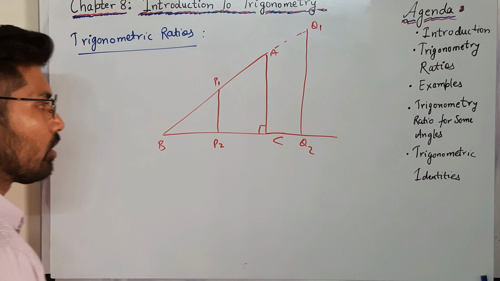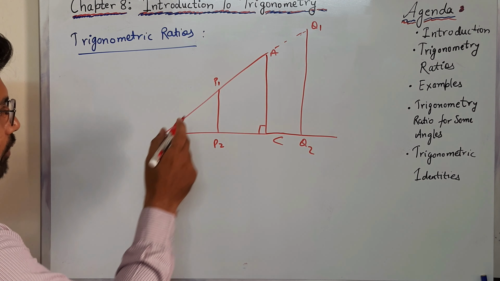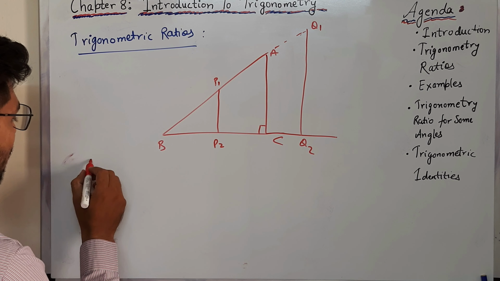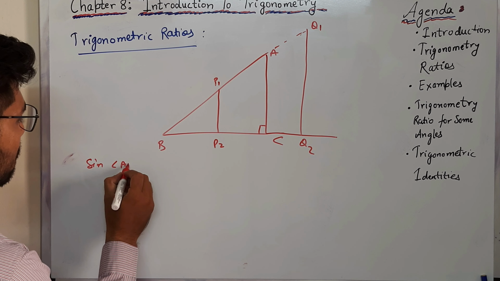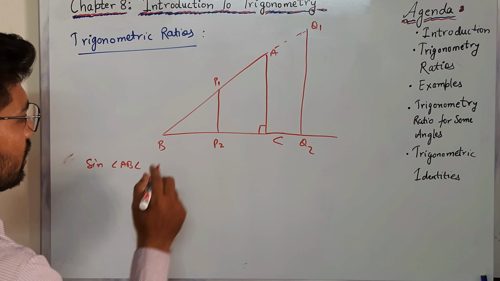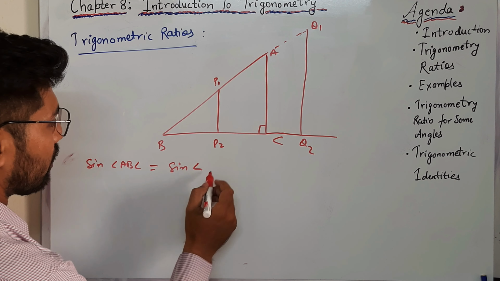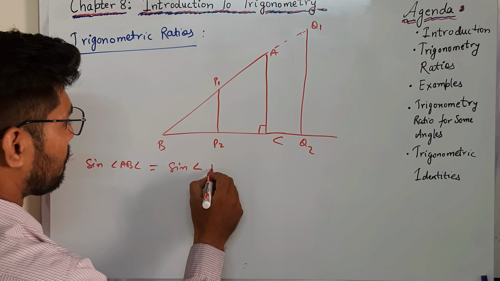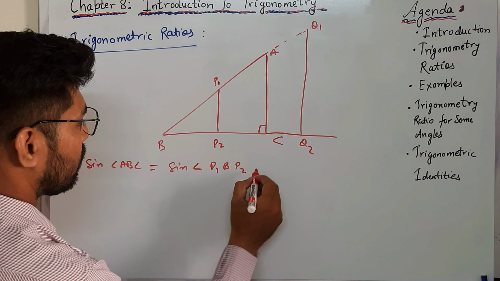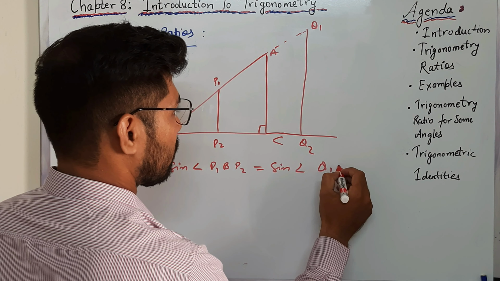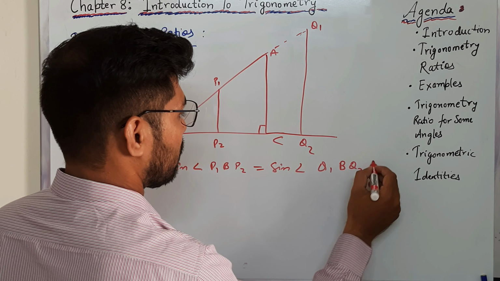Now what is the angle for this? Sine of angle ABC is equal to sine of angle P1 B P2, equal to sine of angle Q1 B Q2.